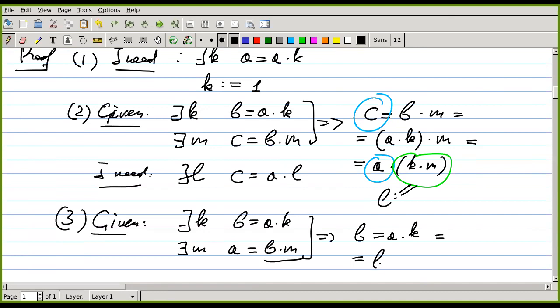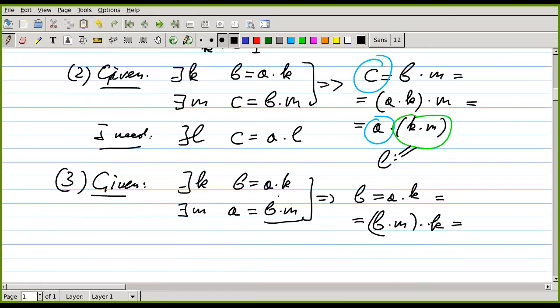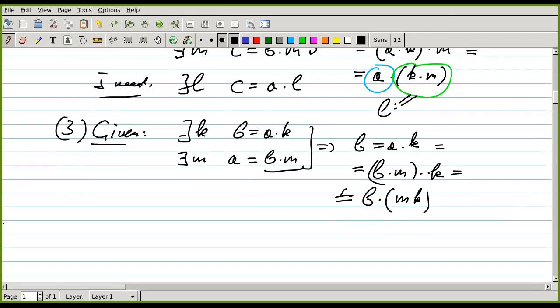So we obtain bmk, and by associativity, b multiplied by mk. Is it clear? Yes. So what is the next step?